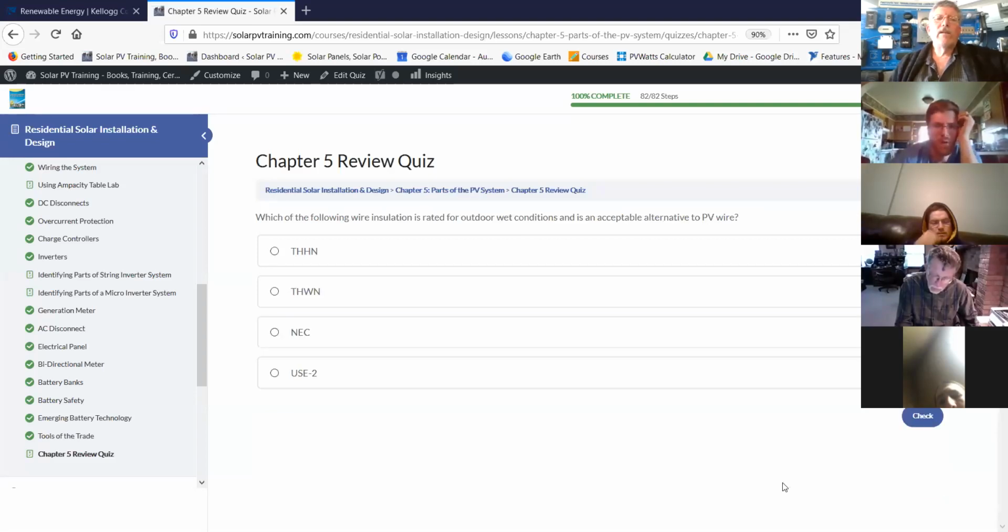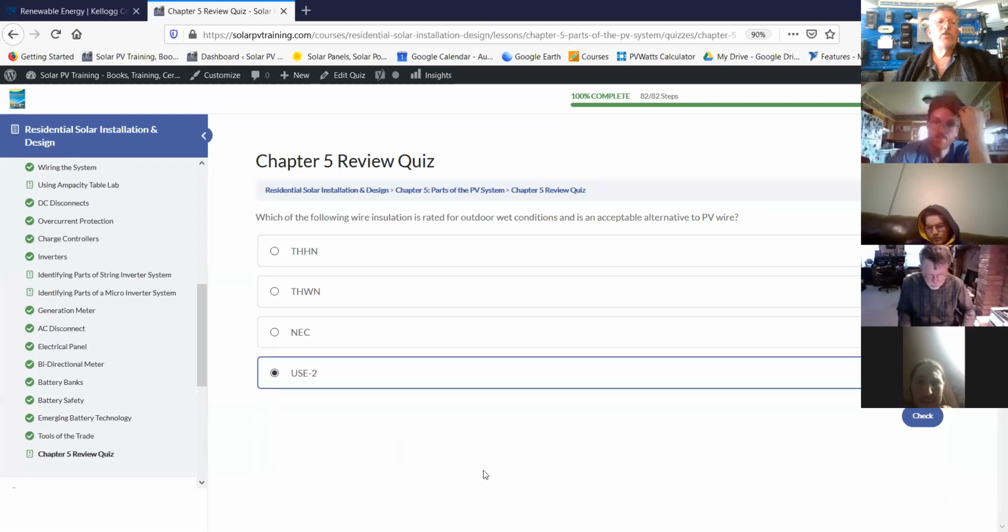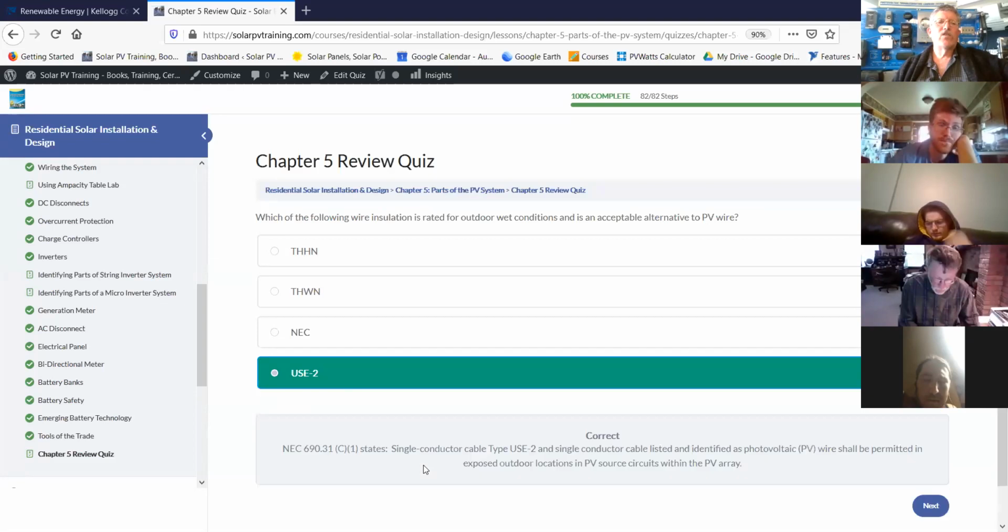Which of the following wire insulation is rated for outdoor wet conditions and is an acceptable alternative to PV wire? USE-2, underground service entrance.